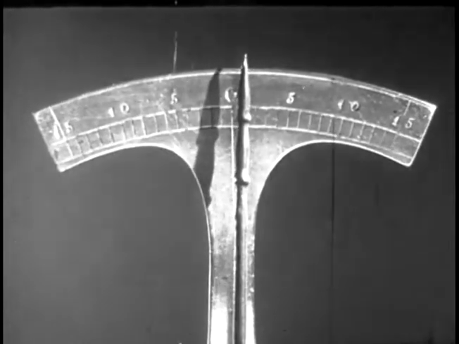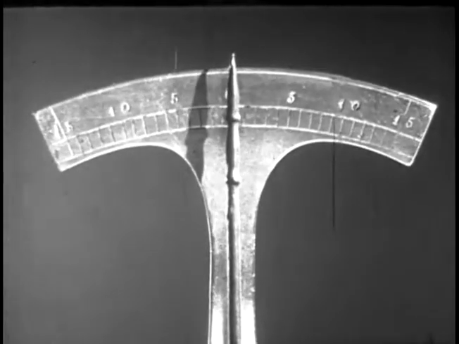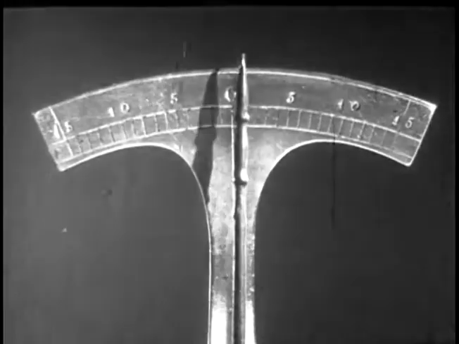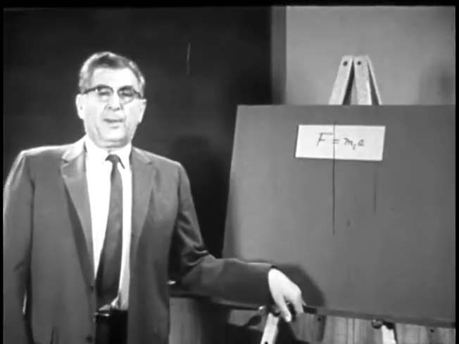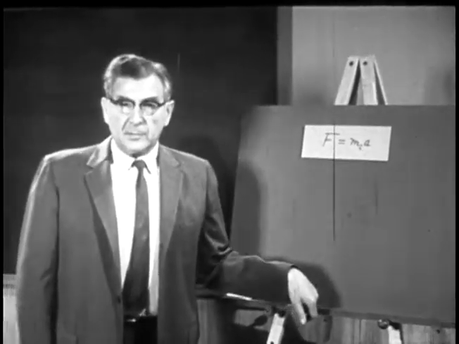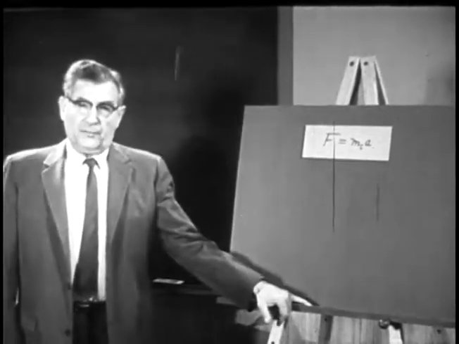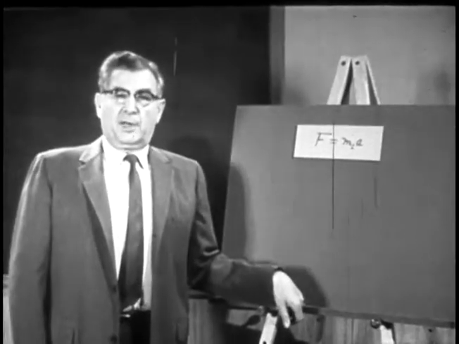Equal gravitational masses will balance no matter where you do it. In this room, on the top of the mountain, even on the moon. Now, the actual gravitational force on a body depends on where you are. But in any case, this gravitational force is proportional to the gravitational mass of the body.